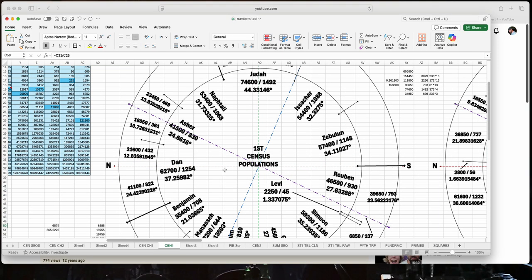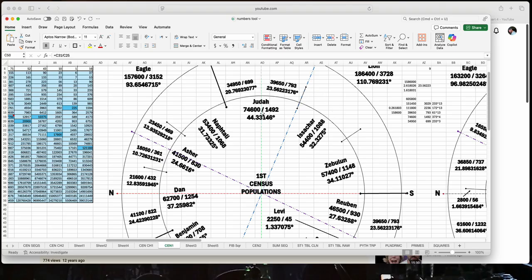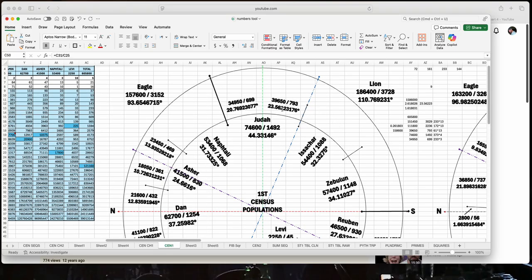We're making Reuben our start point on this layout of this camp, because he doesn't excel, based off of our understanding of the Genesis 49 blessings. And you start adding this back, and you see that Judah's been pushed this far past the line, because when we add all of these together, we'll see that they're 34,950 more than 151,450, and then that gives us this remainder of Judah.